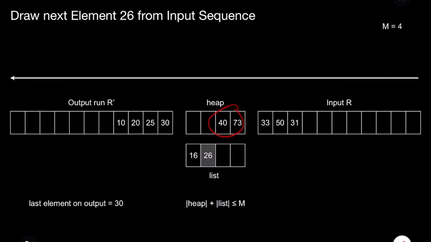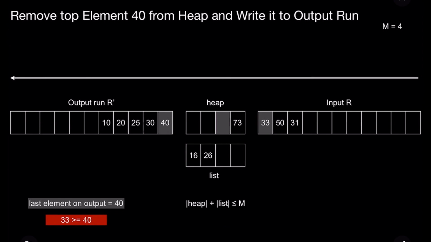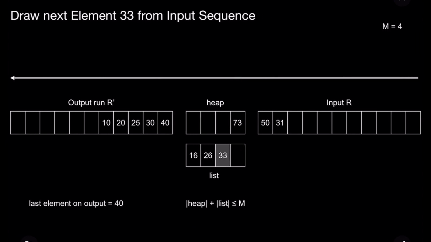Now it's only 2 elements, and there are 2 elements in the list. Again, you remove the smallest element from that heap. That is 40. Send it to the output stream. Again, do the comparison. Again, you're unlucky. So 33 will go to the list on the next slide.